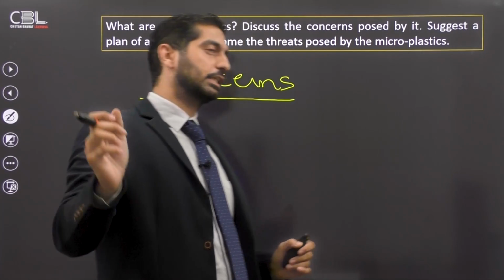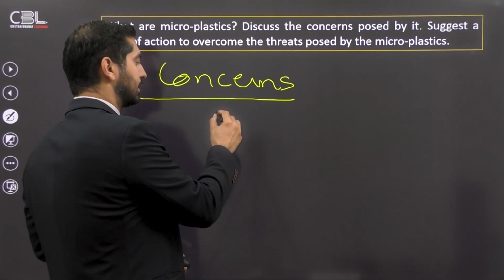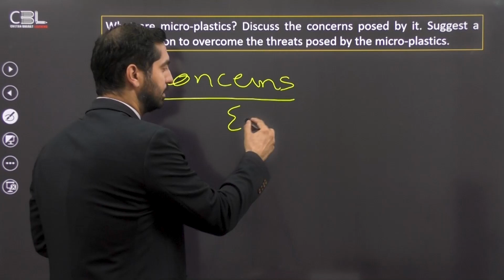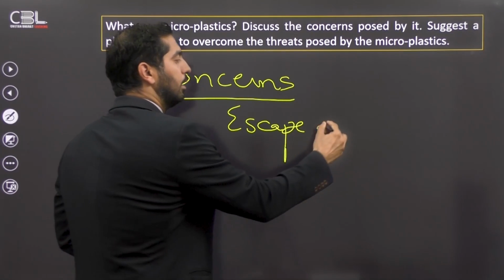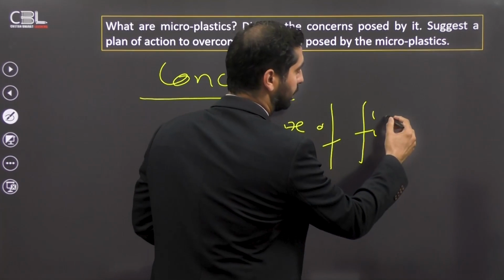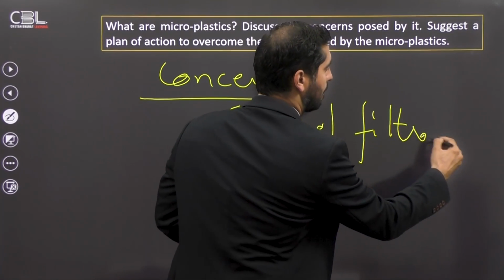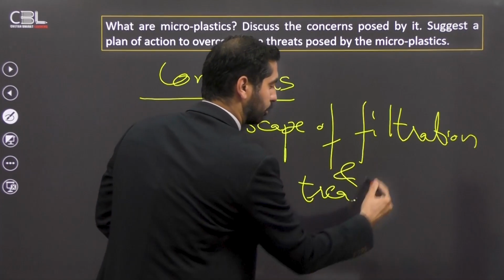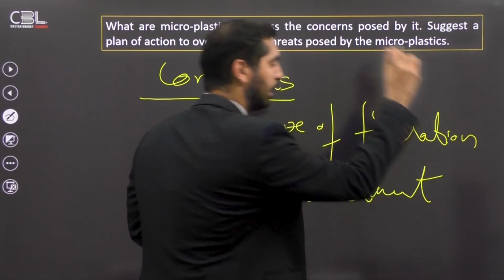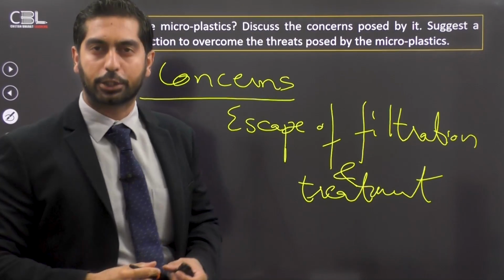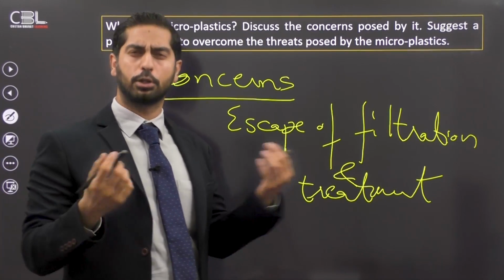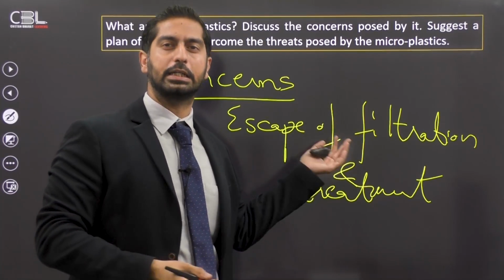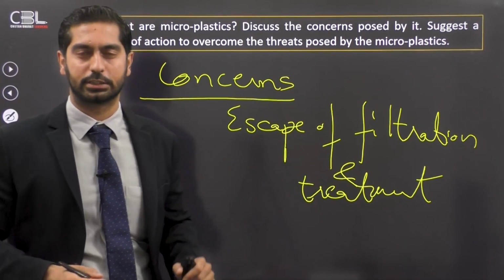So the first concern is the very pollution that they cause, that they escape the filtration and treatment process, and hence they get accumulated into river water, natural water sources, wherever the treated water is discharged.